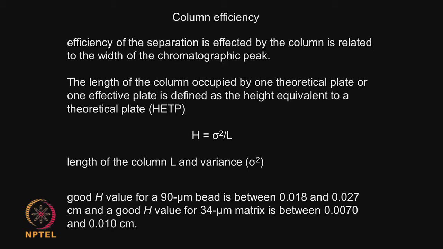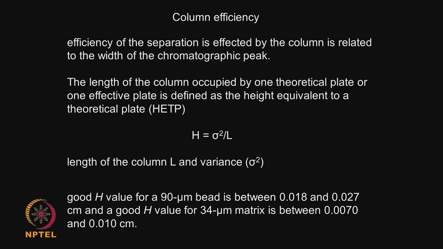So, each column can be converted to a certain number, which is called the number of theoretical plates. Corresponding to theoretical plates, we also have another term, called height equivalent to a theoretical plate. Ideally, if I have a very small height equivalent, then I can say it is a very efficient column.